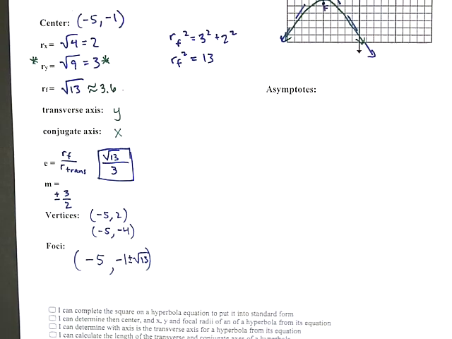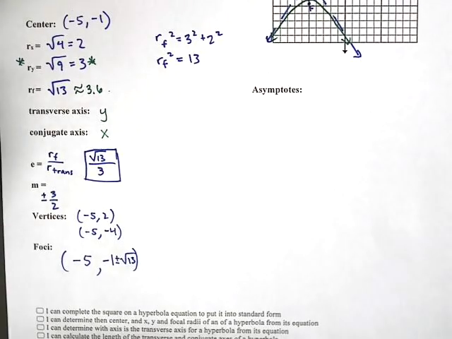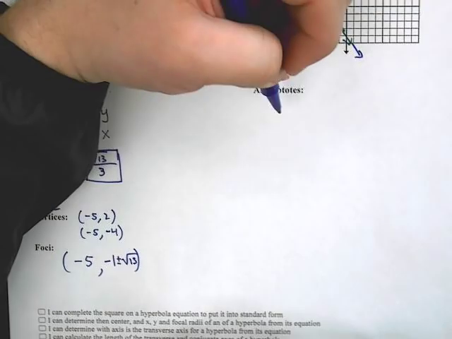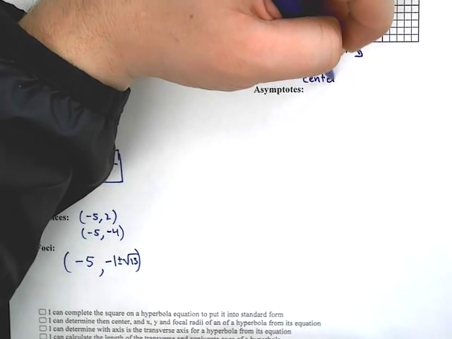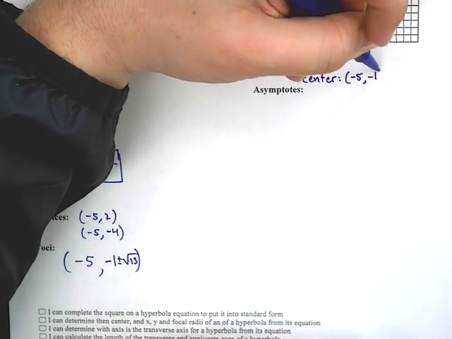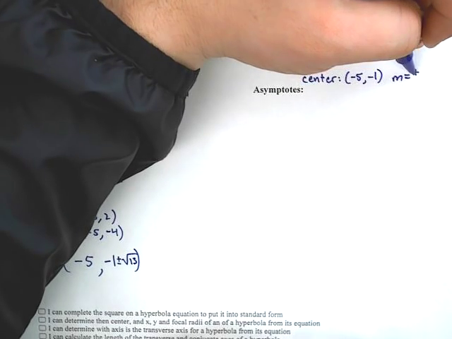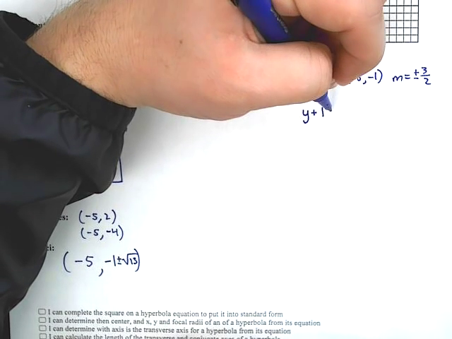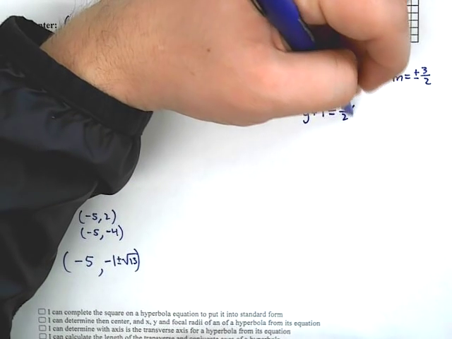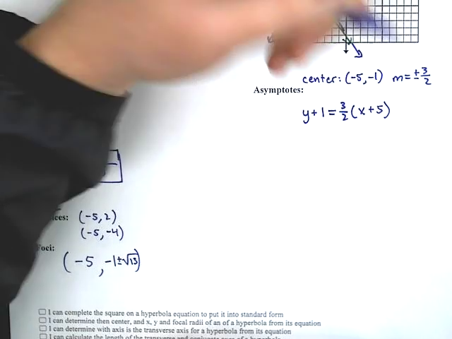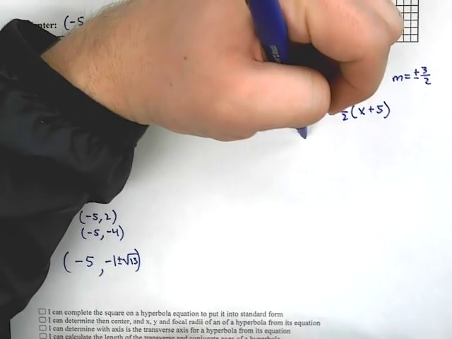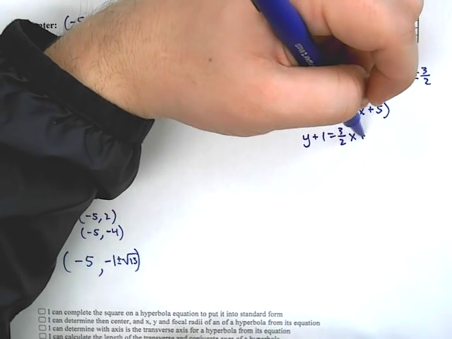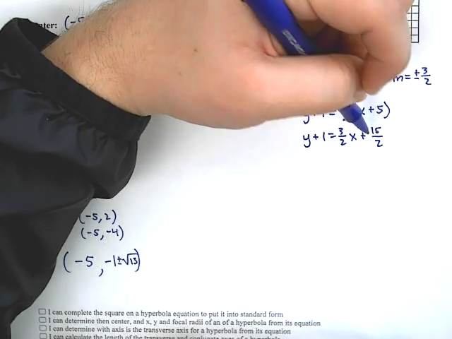Alright, now to finish this up, last thing, let's get the equations. So we know we have to use a center of -5, -1, m is plus or minus 3/2. Let's do this twice. So we have y plus 1 equals positive 3/2 times (x plus 5). When we distribute, we should have 3/2 x plus 15/2, and then I have to take 1 away.